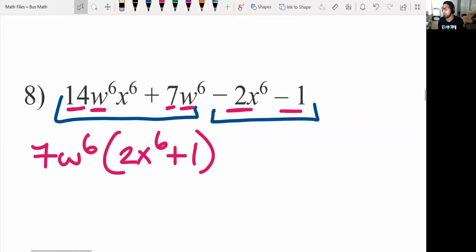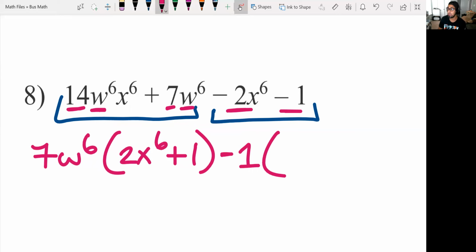Hey, I did mention it above, and I did say it wouldn't be in factoring by grouping, but now it is. So for this one, you don't see anything common in negative 2x to the 6th and negative 1, but remember, if you don't find anything common, you can factor out a 1, or you can even factor out a negative 1. So from negative 2x to the 6th and negative 1, I'm going to factor out a negative 1.